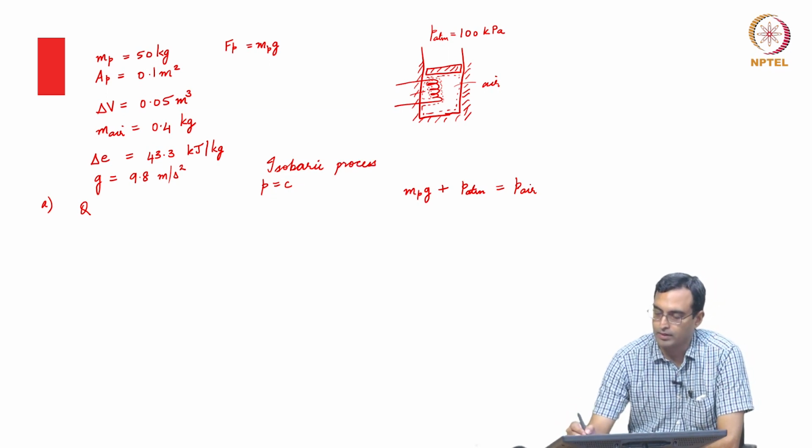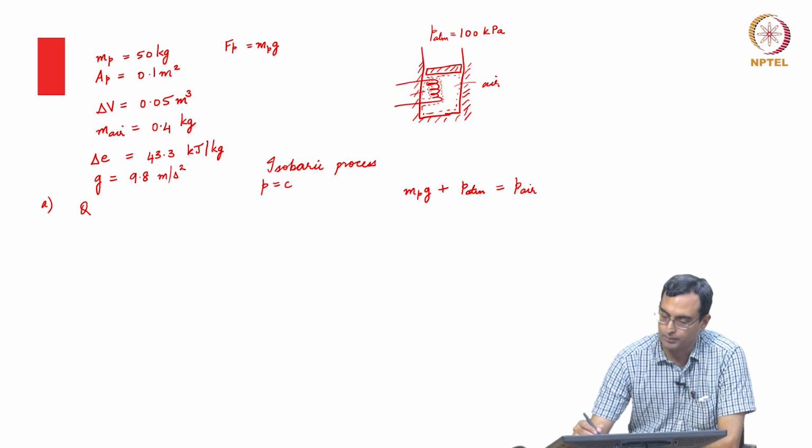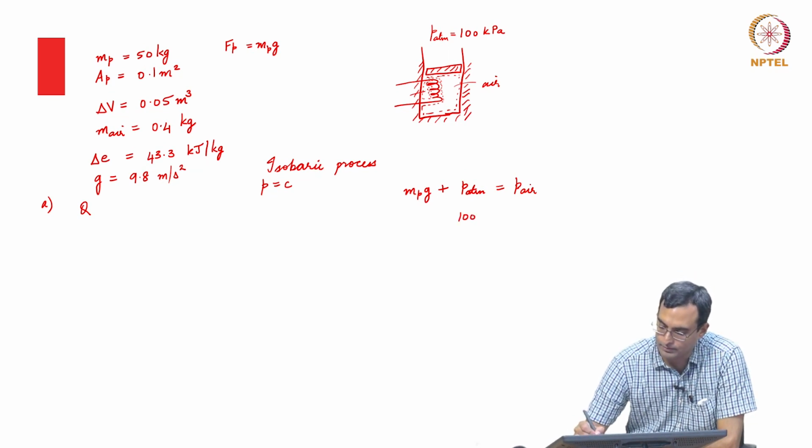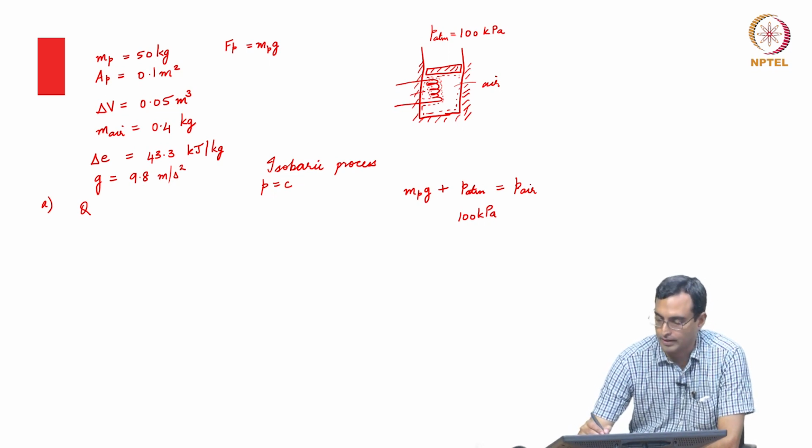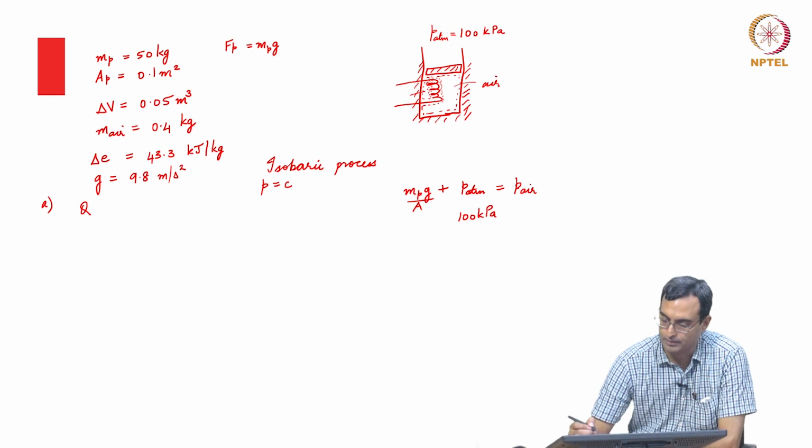We can also find out what the pressure is, because we know P atmosphere is 100 kilopascal. Of course, this is not a correct equation because this is force and this is pressure. So what we need to do is divide the force by the area, and we would get pressure.